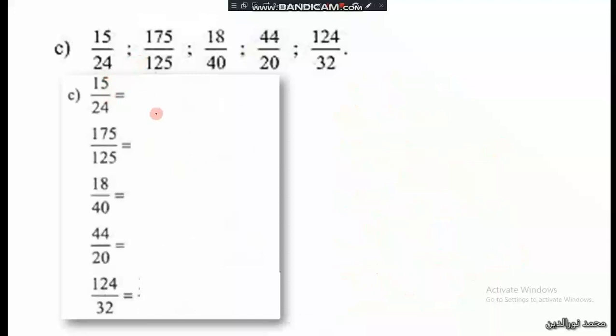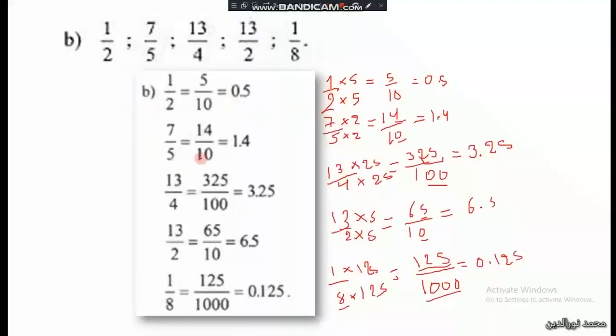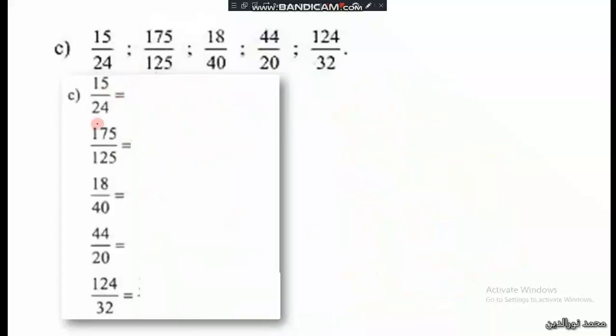So in part A we multiplied directly without reducing or simplifying the fractions. In part B we have to simplify the fraction first. So here we have 15 over 24. It's easier to simplify this fraction. We know that 3 is the common divisor of 15 and 24. So we divide both terms by 3. 15 divided by 3 is 5, and 24 divided by 3 is 8.